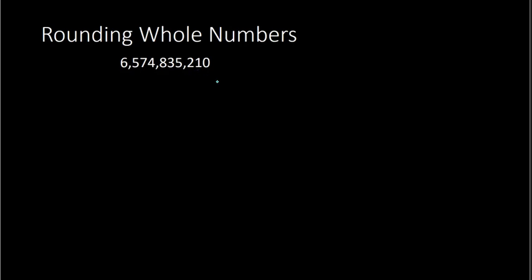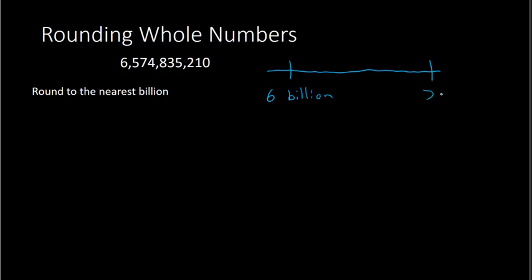So for example, if I want to round to the nearest billion, what I'm asking is which billion is it closer to? Well, what does that mean exactly? Well, we have this number, 6 billion is in between 6 and 7 billion, right? If I put this on a number line, here would be 6 billion, and then over here would be 7 billion.